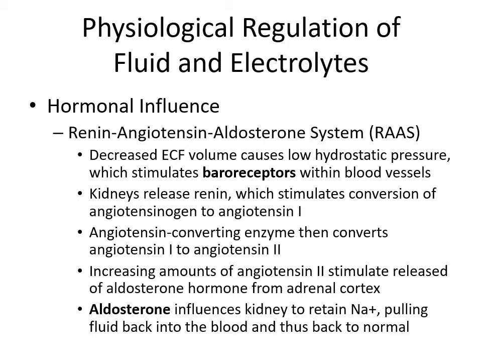And increasing amounts of angiotensin II stimulate the release of aldosterone from the adrenal cortex. Now, aldosterone influences the kidney to retain sodium, which attracts fluid and pulls fluid back into the blood, and then increases the amount of fluid in the blood, returning pressure back to normal.